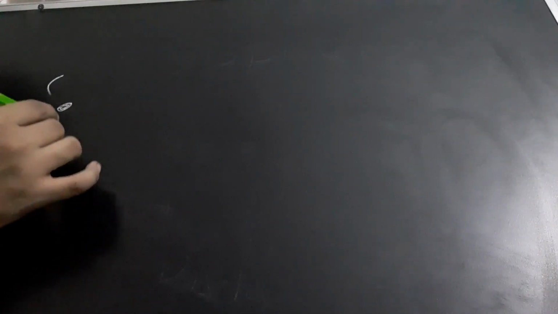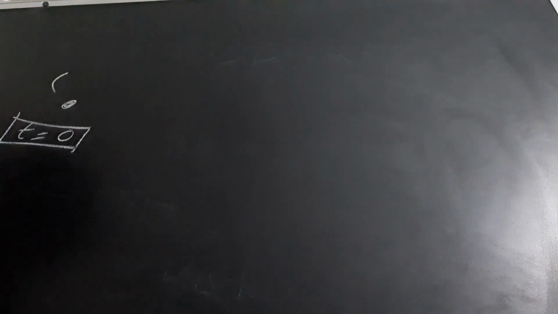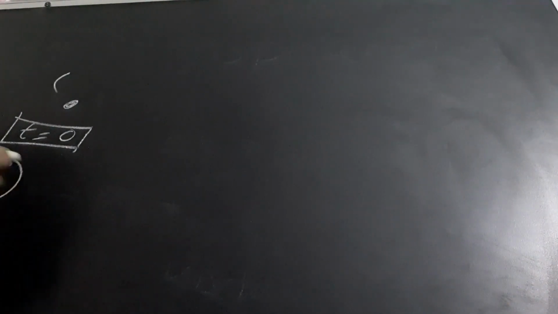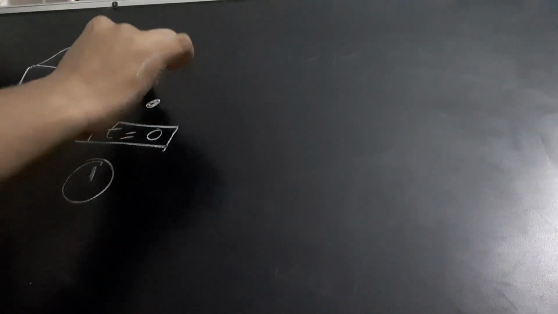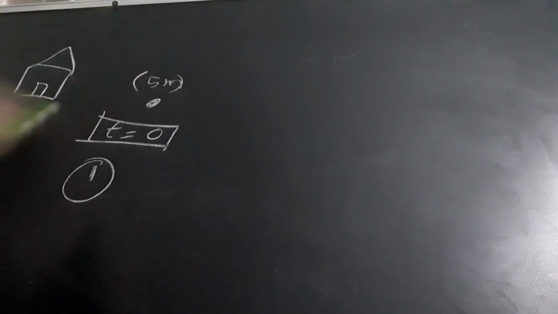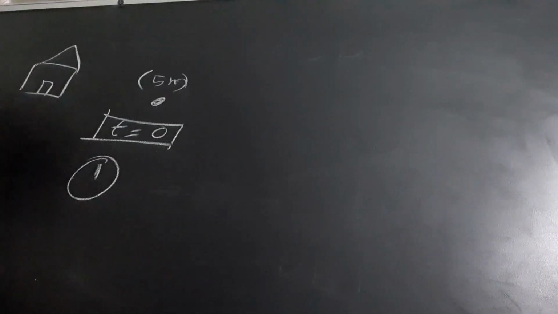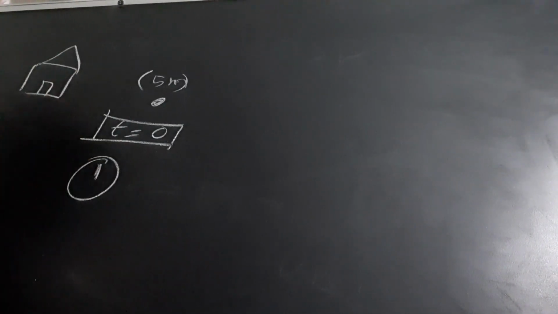For example, I have an object here. Say I start measuring time from here, so right now, according to my watch, the time is 0 seconds. And the position of this particle from, say, my house is 5 meters at time t equals 0.